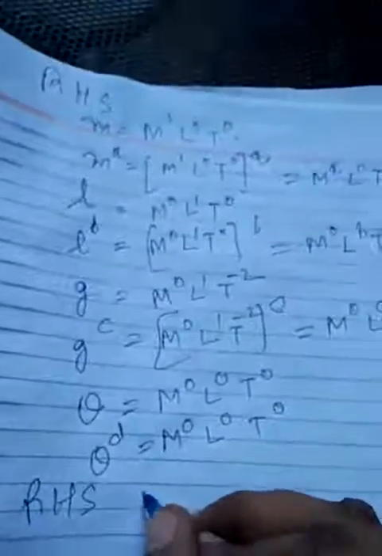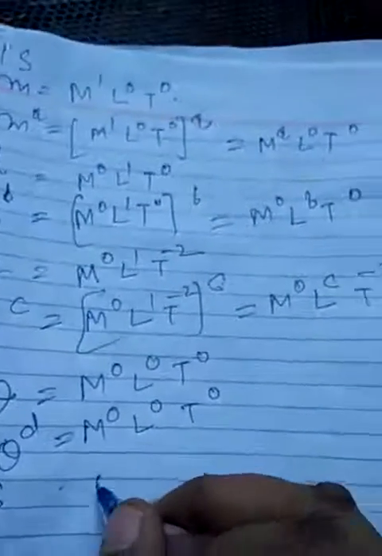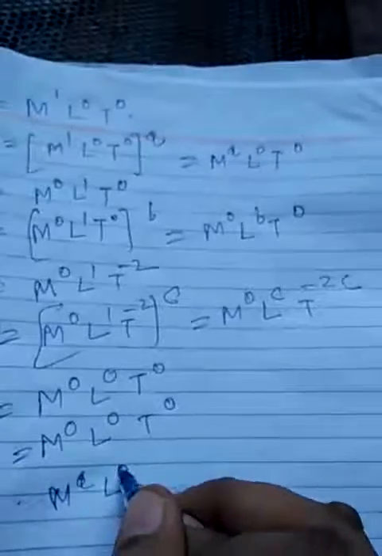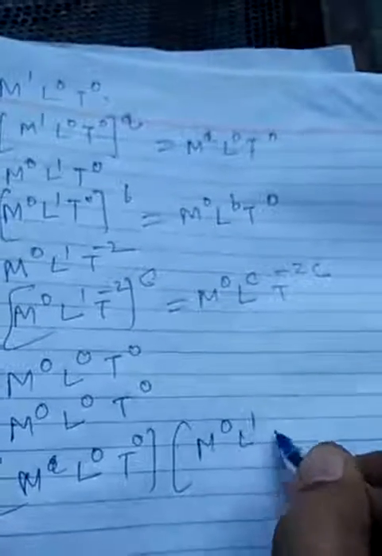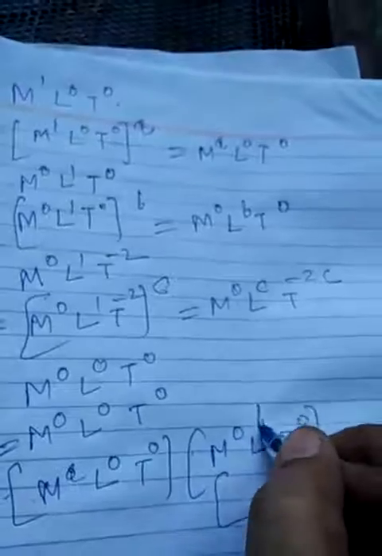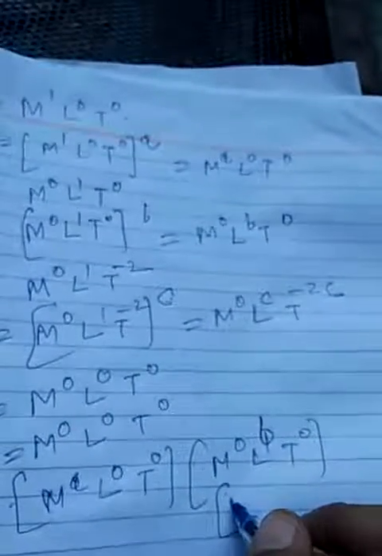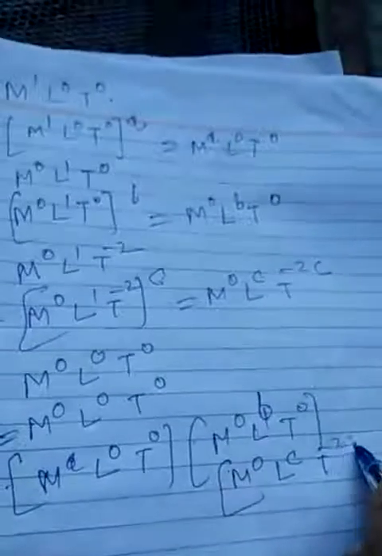Now we have found all four dimensions. Now we will take the RHS together. First part is m^a, l0, t0. Second part is m0, l^b, t0. Third part is m0, l^c, t^(minus 2c).